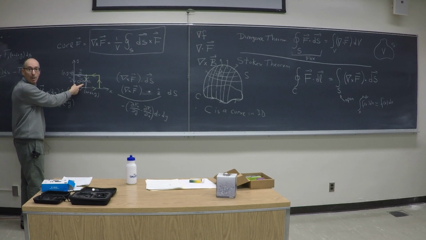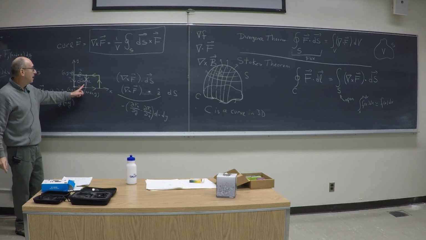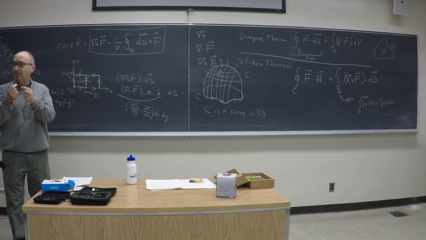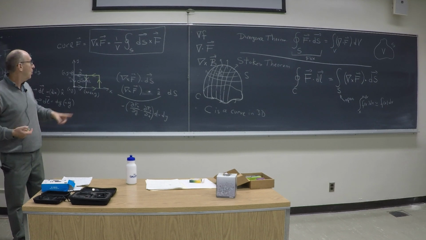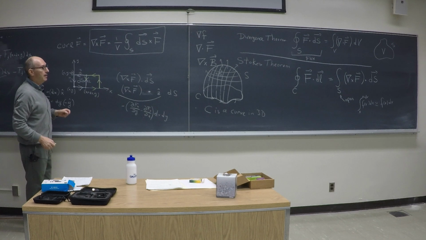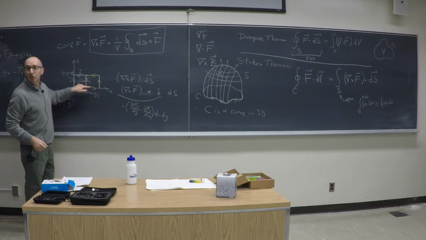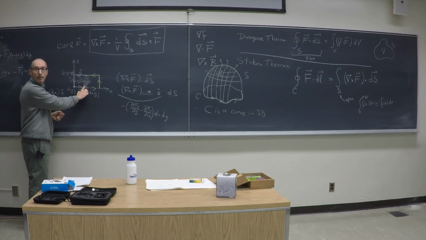They cancel out because the field is exactly the same on that line, but here I'm walking it up, walking it down, and when you do that, the dL vectors are exactly the opposite, so there's going to be a cancellation. So when I do the line integral on the left patch, I get something, and when I do it on the right, I get something else, but then eventually I don't need that.